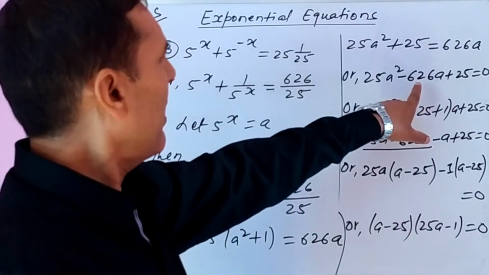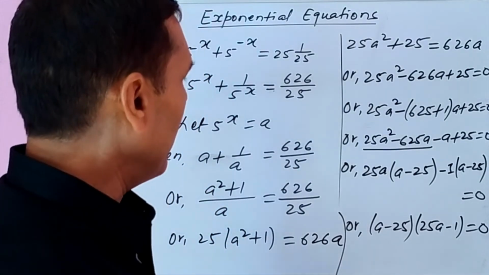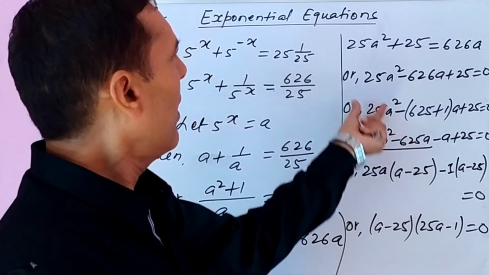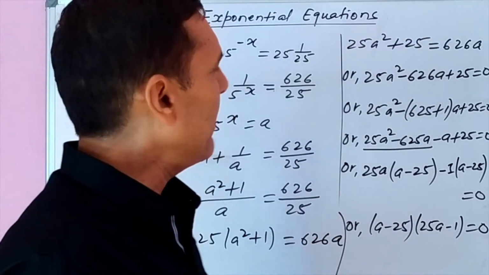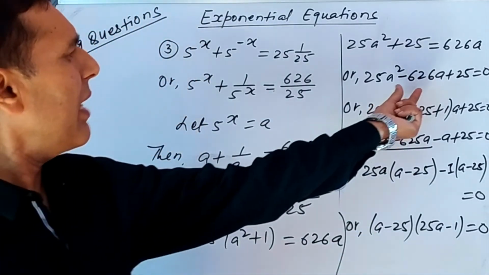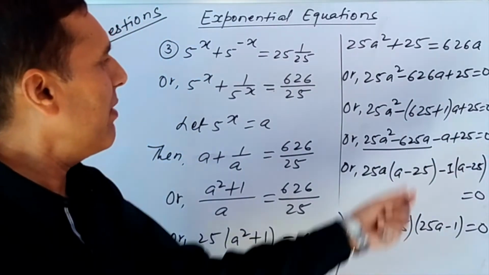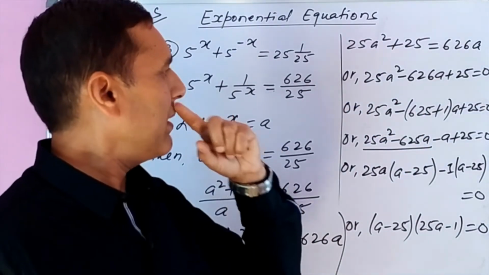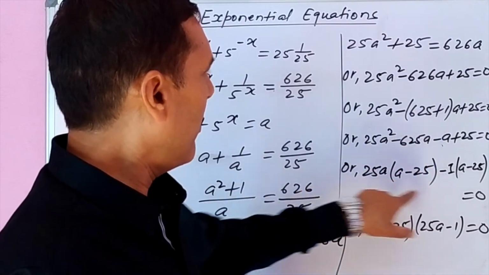So in this way, we could factorize this expression 25a square minus 626a plus 25 is equal to 0 by the product and sum rule: multiplying the coefficient of the first term 25 and the last constant term 25 gives the product 625. We have the coefficient of the middle term, 626, which can be obtained by 625 plus 1, and the bracket is opened, and we have taken the common.